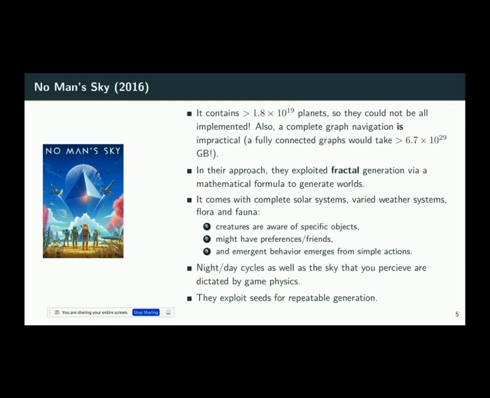And then you have something more difficult, which is that you want to create other features like animals that interact in a given way, and you want to also create emergent behavior in characters. And then you also want to create night and day cycles and the perception of the game physics. So everything cannot be hard-coded in there.